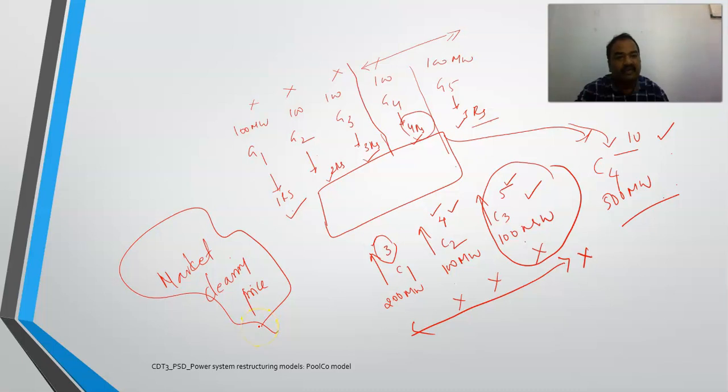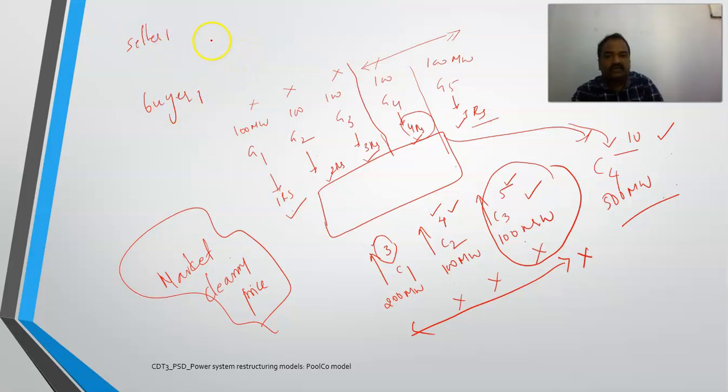So maybe I am not ready to take up this market clearing price, since it changes all the time. Let us suppose this is the case. There is a buyer 1 and a seller 1.